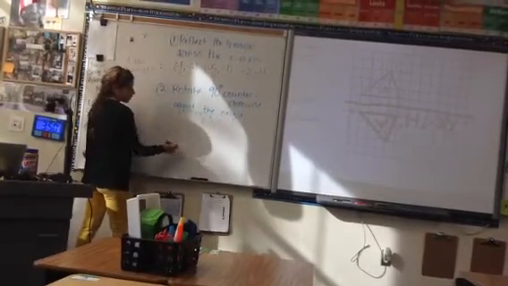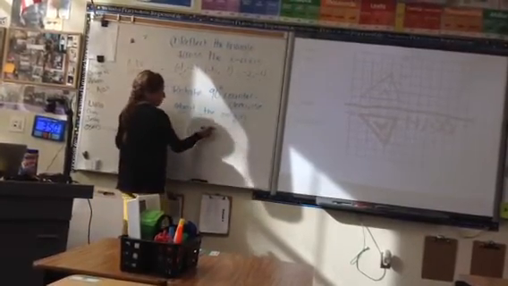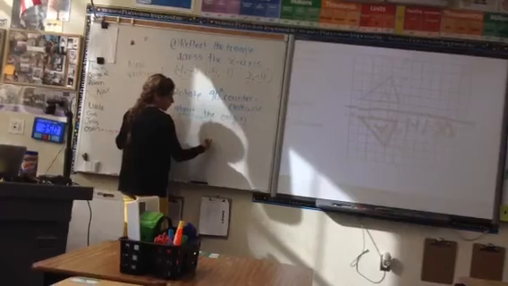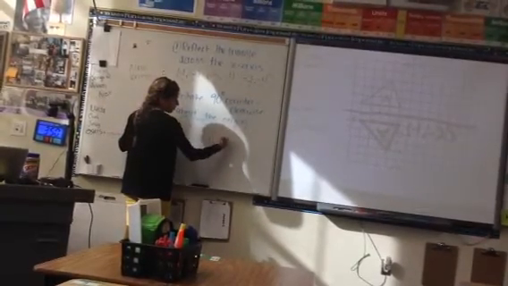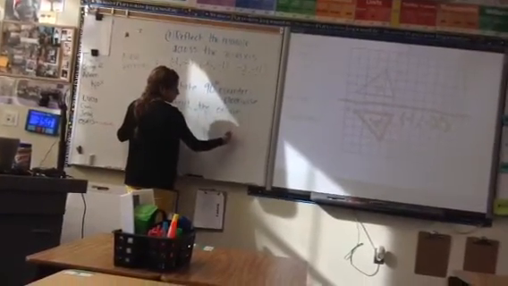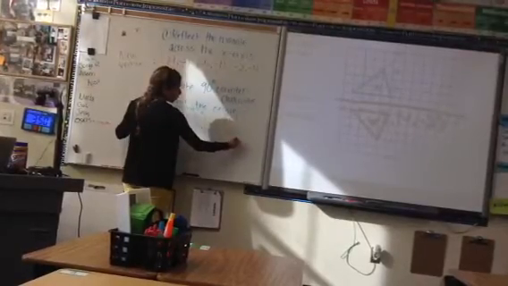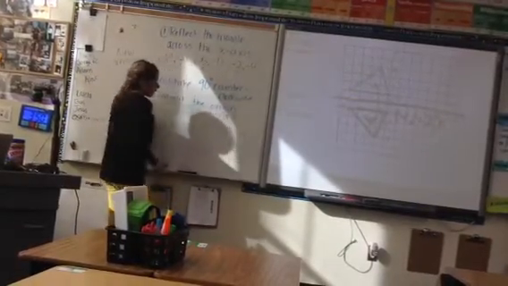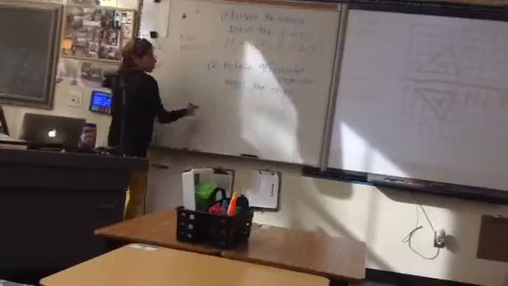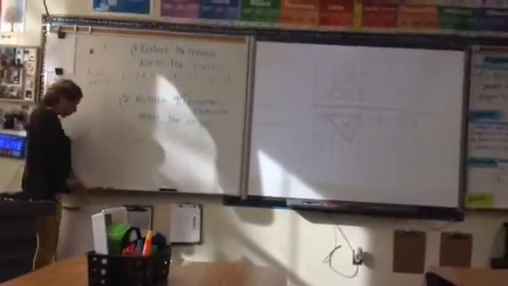You don't do anything to that, just bring it down. -1 times -1 is just going to be +1. -4 times -1 is just going to be +4. And so this is what you would get after you rotate 90 degrees counterclockwise.